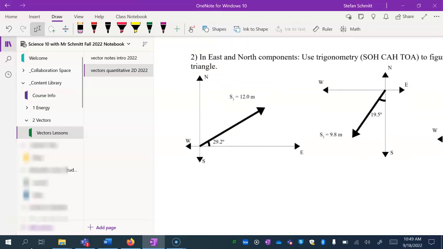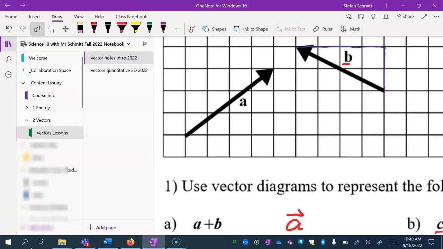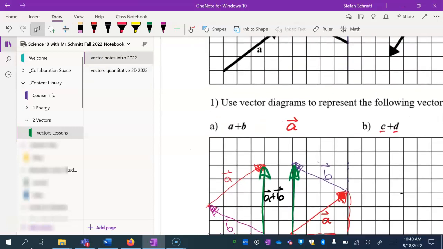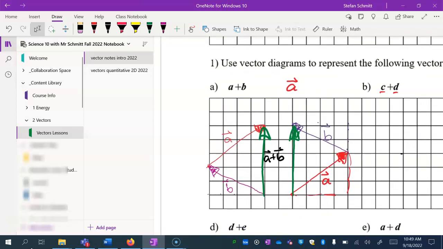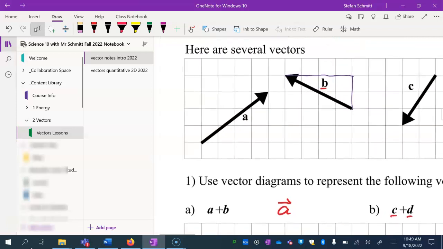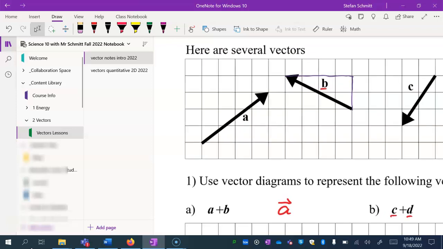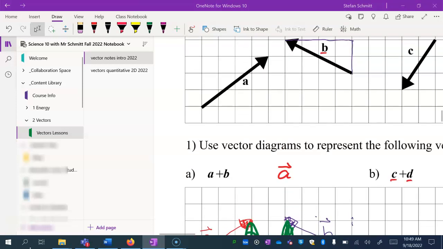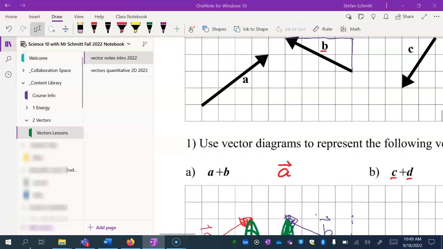Another method is to use components. In a previous lesson, I gave you this exercise where you were to draw the vector sums of these vectors that I had given you. And when I made the video on this, I said, make sure you draw vector A exactly as I have done, same length and direction.